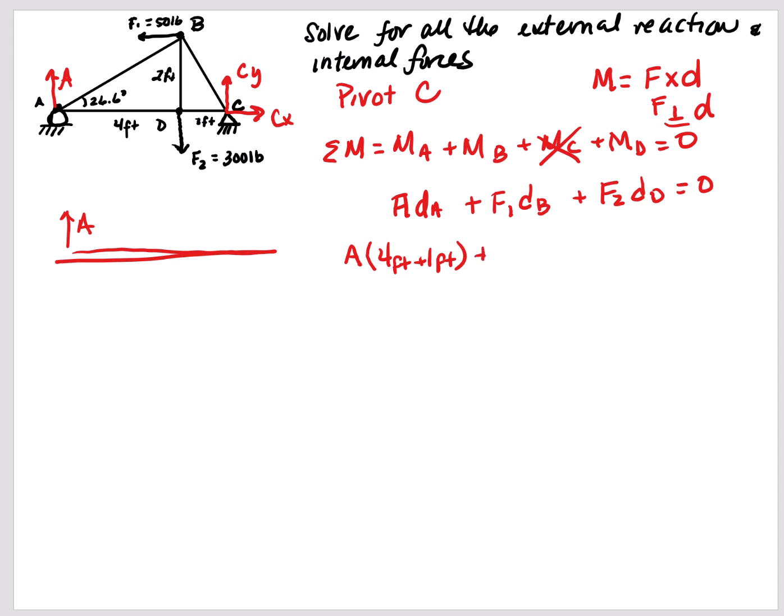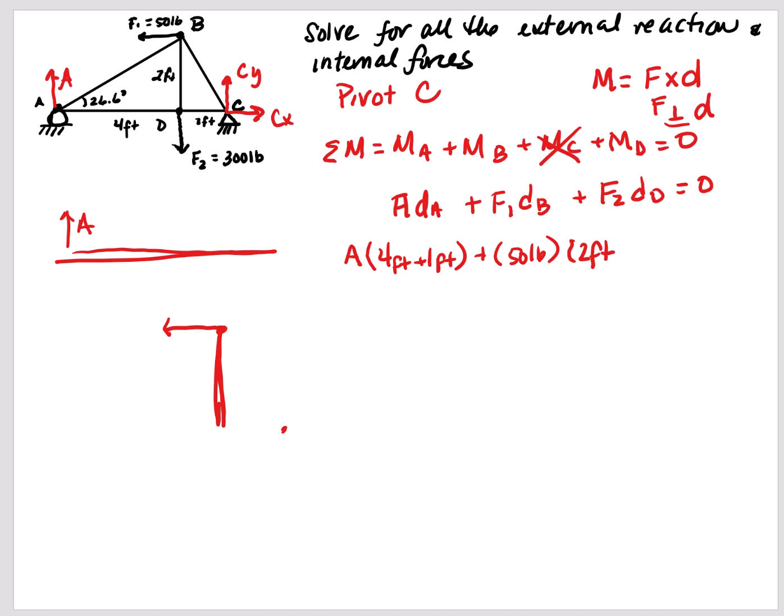We know what F1 is because F1 is given as 50 pounds. Perpendicular to B, F1 goes this way to the left at joint B. My C is down here. Perpendicular is my vertical distance. So this is 2 feet.